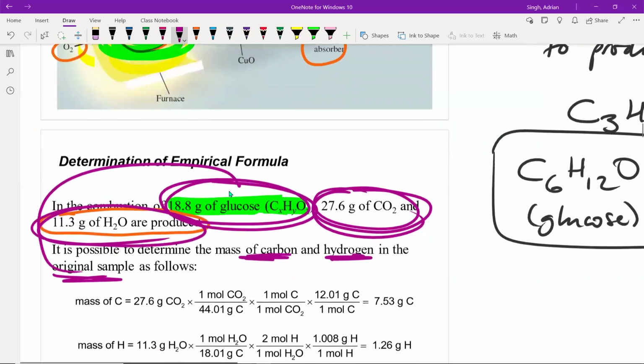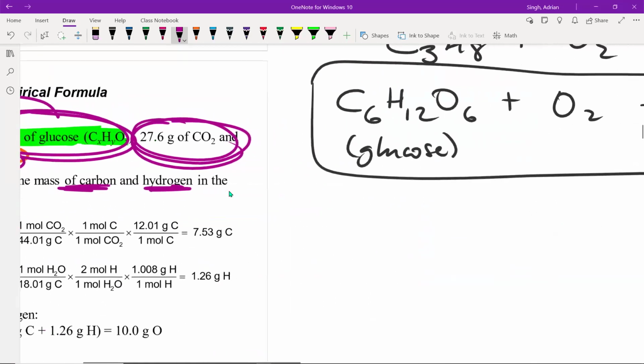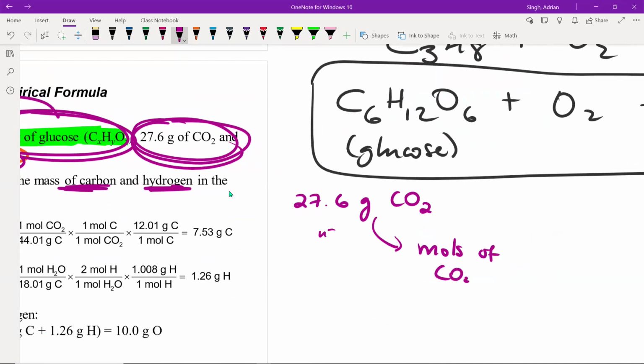For instance, we have 27.6 grams of CO2. We know the relationship between grams and moles, so we can convert that to the moles of CO2. We're going to use the molar mass of CO2.